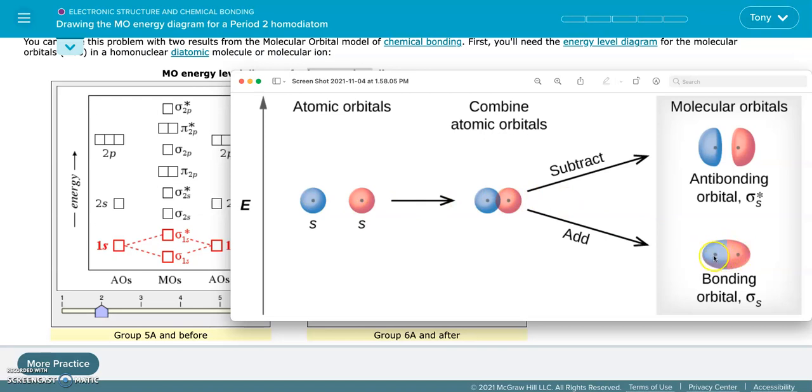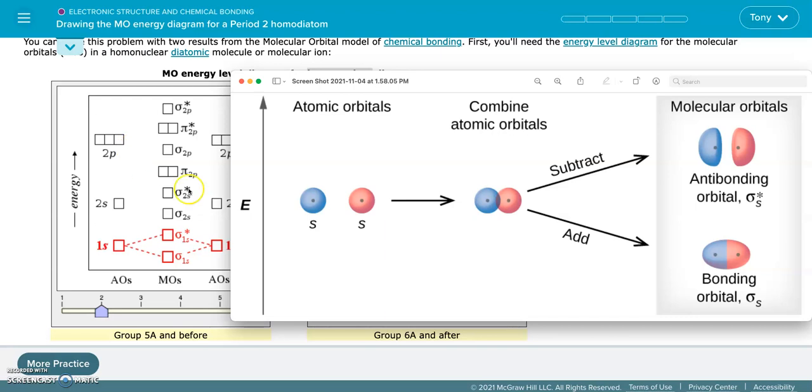These represent the nuclei of the atoms. If the electron density is between them, it's going to hold these two things together. That will be bonding. The shaded parts represent where the electron density is. That's going to be anti-bonding because the electron density is essentially pulling them away as opposed to holding them together. So this is what's going on for the 1s case and the 2s.